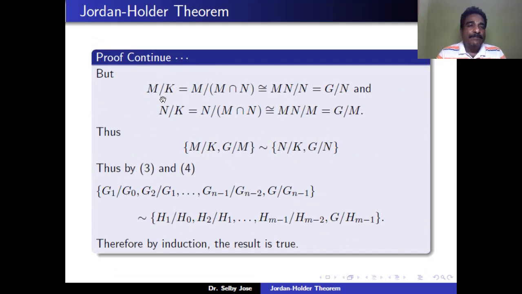But we have seen that M mod K is isomorphic to G mod N and N mod K is isomorphic to G mod M. Therefore, the sets M mod K, G mod M and G mod N, N mod K.